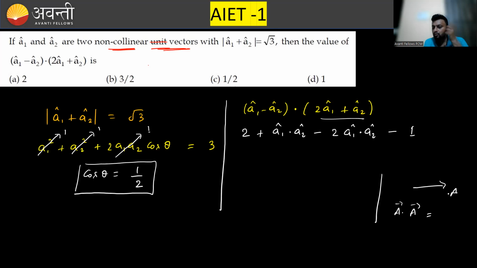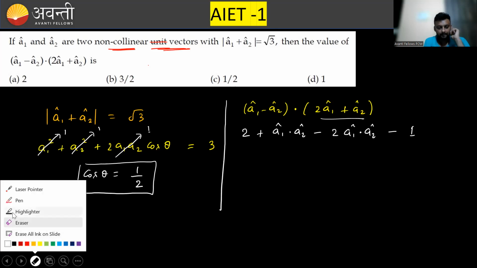So the angle between two A's will be 0, so that will be A into A into cos 0. Similarly, if these are unit vectors, the magnitude of A will be 1, magnitude of A will be 1, cos 0 is 1, so the result will be 1. Clear? That's what I am trying to teach. Okay. I think we should move ahead in this question.